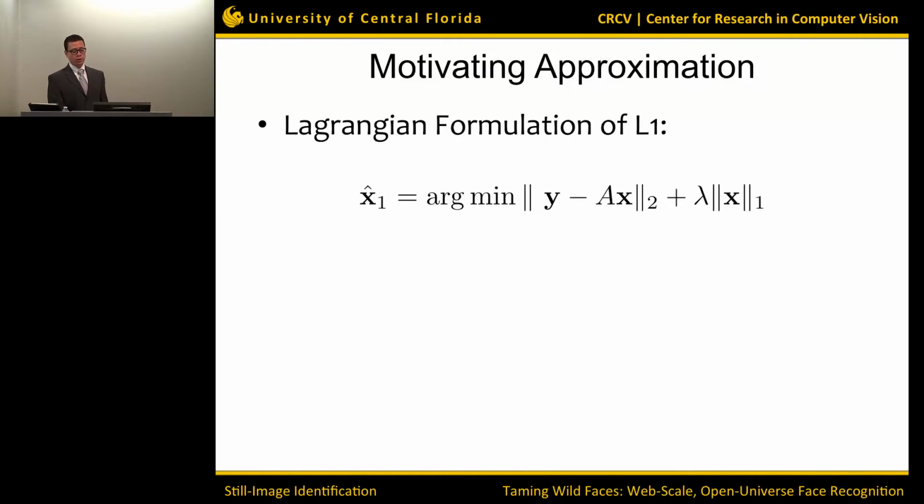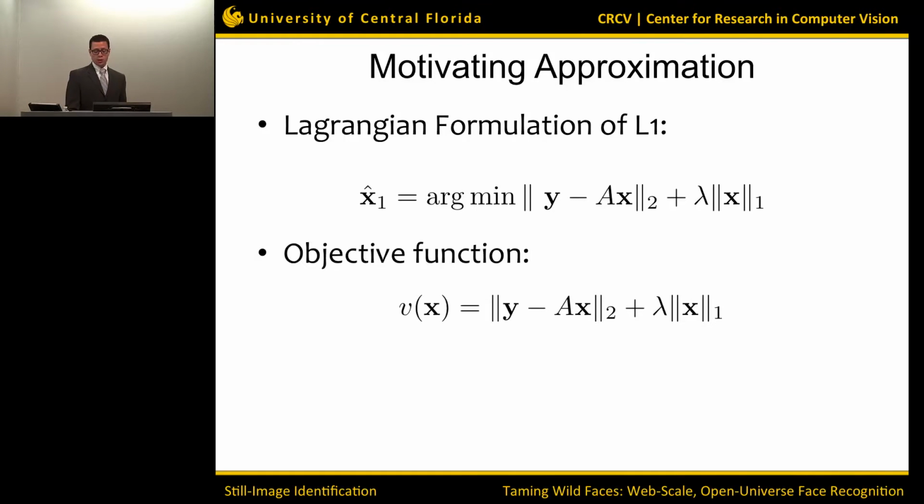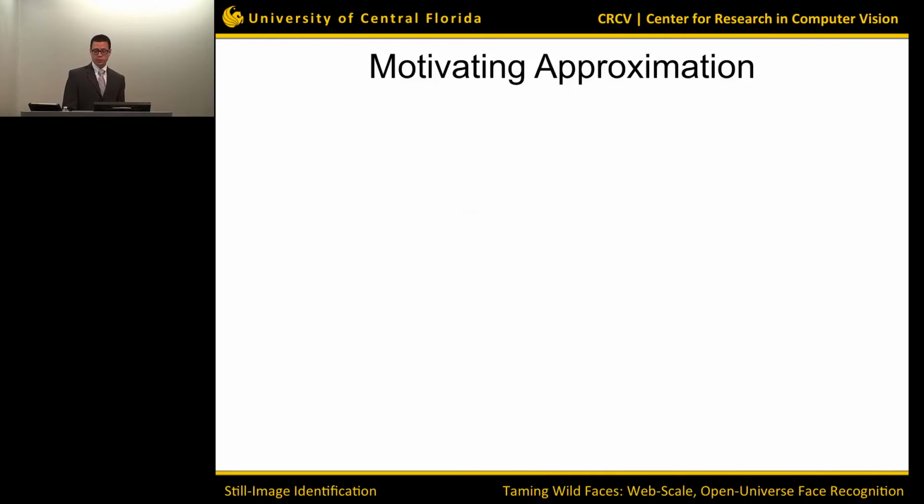To do this, we look at the Lagrangian formulation of the L1 equation, where we're minimizing the residual error between the test frame and its representation in the dictionary, and imposing sparsity. What this lambda tells us is how much weight we want to give to that sparsity. So if we write the objective function as follows, we can continue to motivate this approximation.